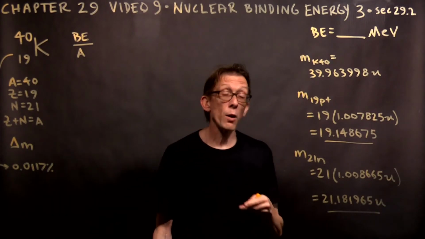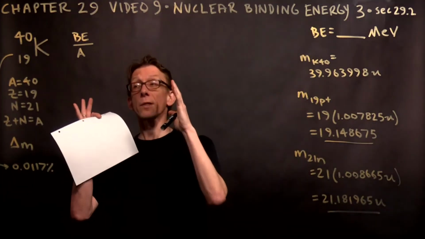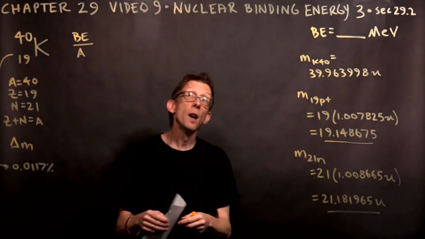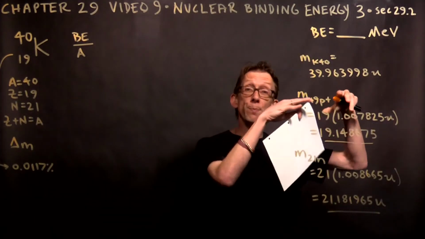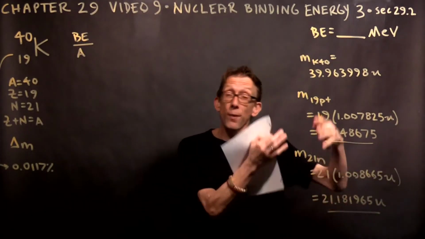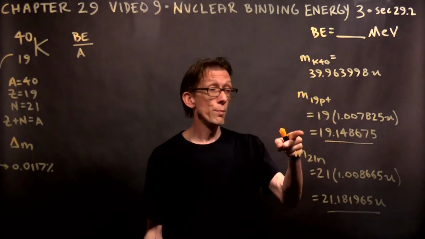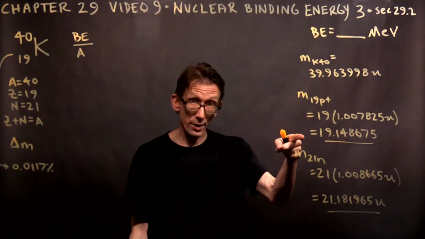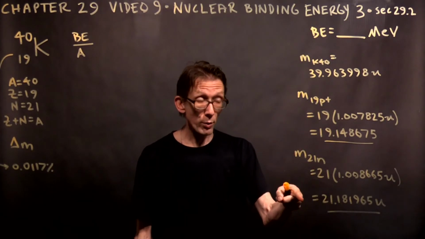So what we have to do now, because again, we're comparing the mass of the nucleus taken by itself compared to the mass of all of its parts, all of its particles taken apart. And so to find the mass of all the particles taken apart, we need to add the mass of 19 separate protons to the mass of 21 separate neutrons.